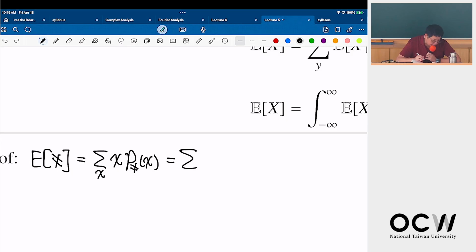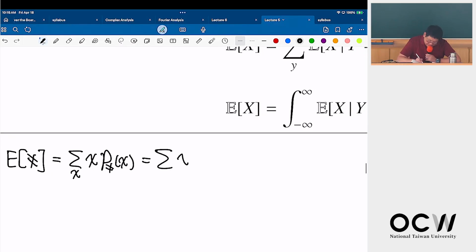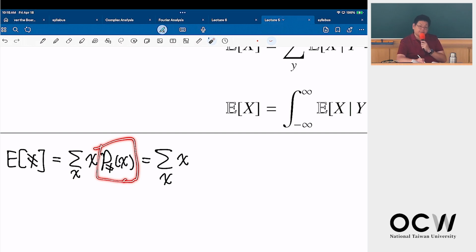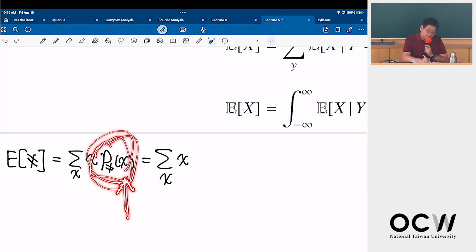So what is the PMF of x? You can consider it as a marginal PMF. How do we get the marginal PMF of x? If I have a joint PMF and I sum y out, then I will get the marginal PMF of x.